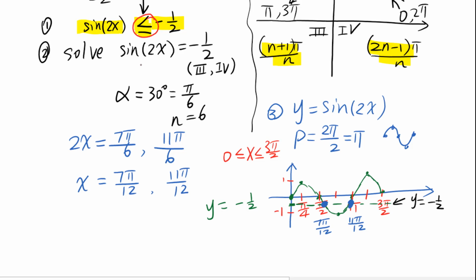Less than or equal to also means the portion of the graph below y equals negative 1 over 2 will be the solution. So this part will be the solution. So we can write down the solution as a closed interval from 7 pi over 12 to 11 pi over 12.